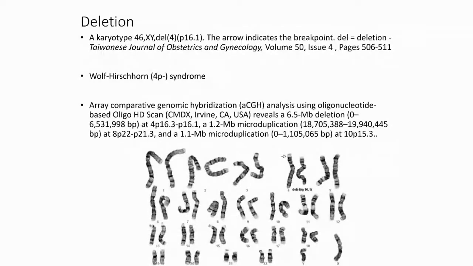And deletion, okay, there's a syndrome with a deletion here. There's a 4p deletion here, right? The deletion of 4p16.1, the subregion 16.1 in the p arm. Okay, deletion of chromosome 4.